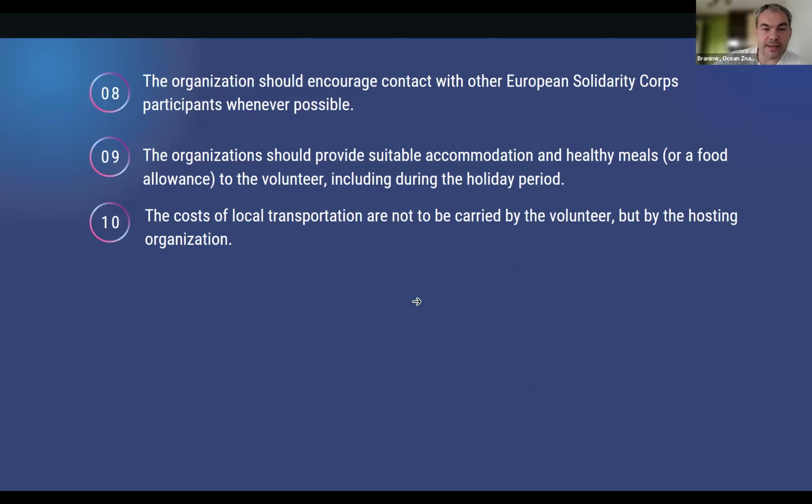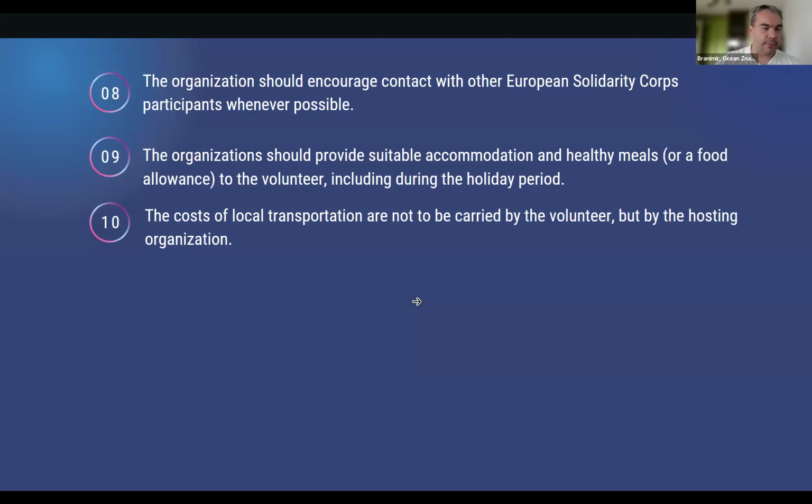Yes, you're absolutely right. The cost of local transportation is definitely something that the host organization should cover. What is really important is that if they are traveling in their free time outside of the scope that this local transportation is covering, then it's their job to pay for this travel. But they are free to use the ticket you bought.